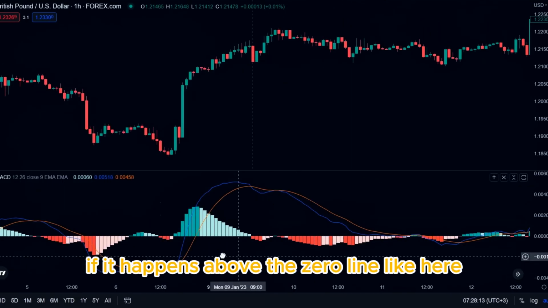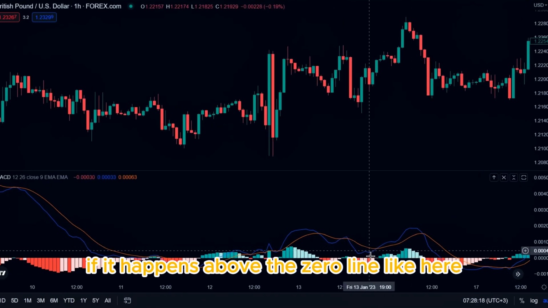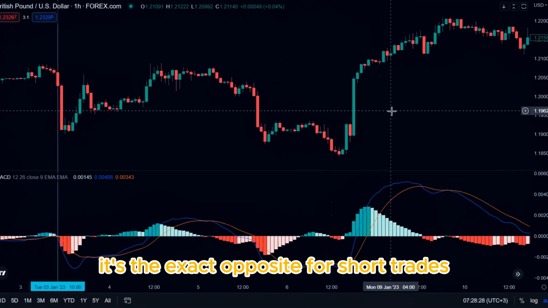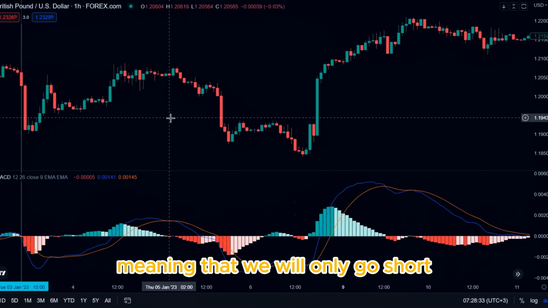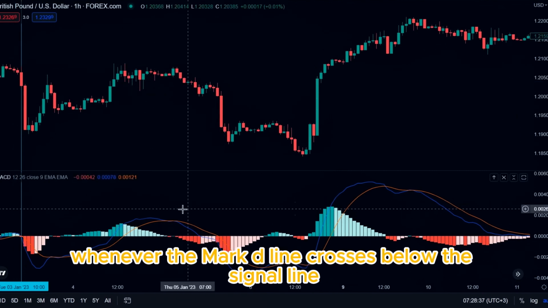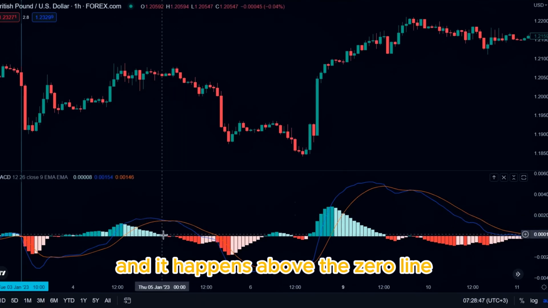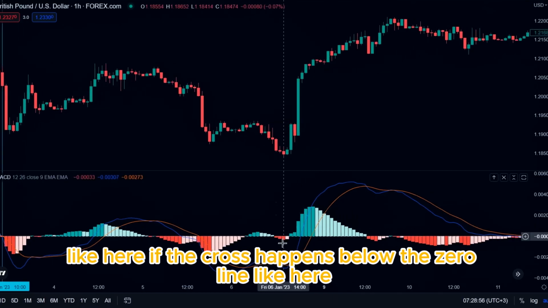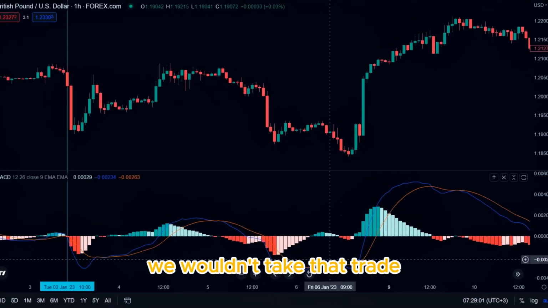If it happens above the zero line, like here, we wouldn't take that trade. It's the exact opposite for short trades, meaning that we will only go short whenever the MACD line crosses below the signal line and it happens above the zero line, like here. If the cross happens below the zero line, like here, we wouldn't take that trade.